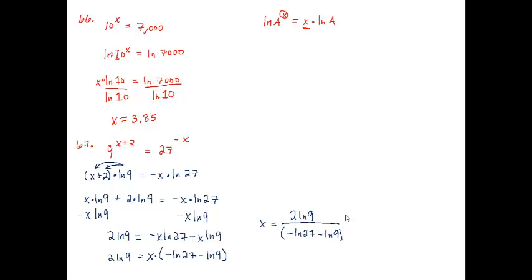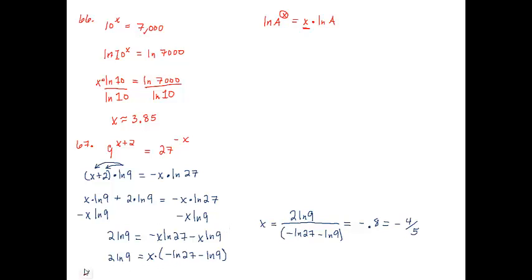And it comes out to be negative 0.8 or negative 4 over 5. Okay? So in this case, the natural log really wasn't a simple method, but I'm still able to do it.